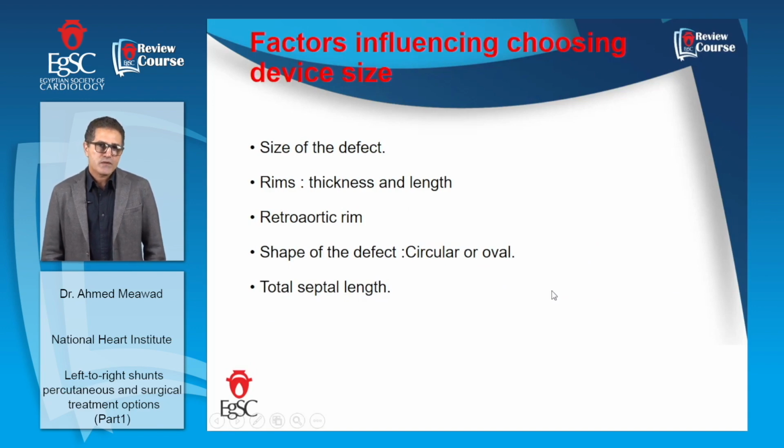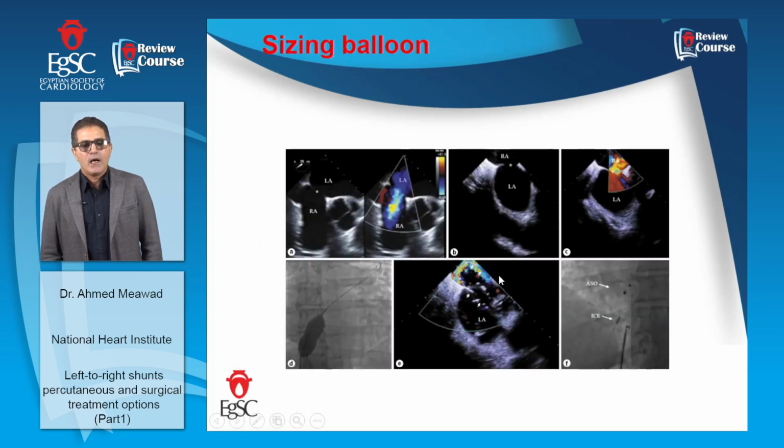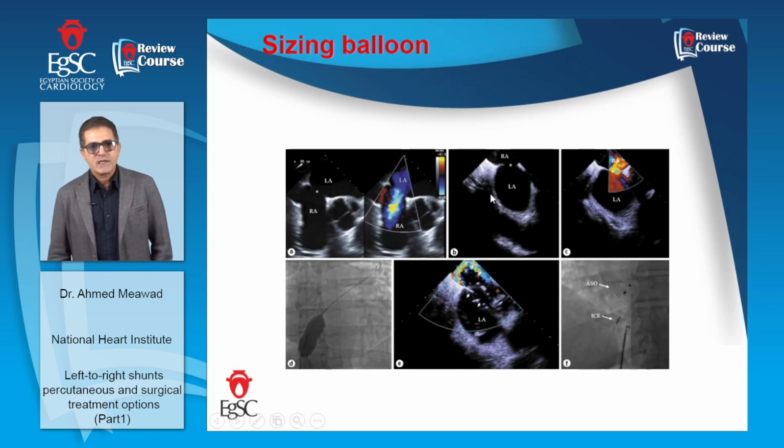How can we choose the device size? It depends on the size of the defect, rims all around, thickness and length of these rims, retroaortic rim present or absent, shape of the defect, circular or oval, and the total septal length. Initially, we used the sizing balloon in all cases, but nowadays we use it in special or difficult cases only.